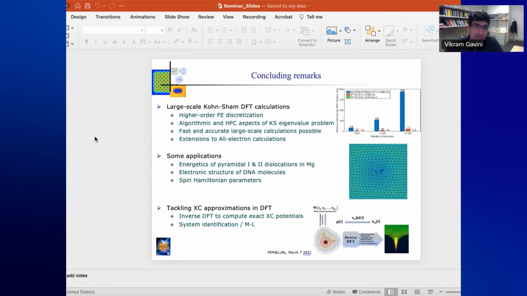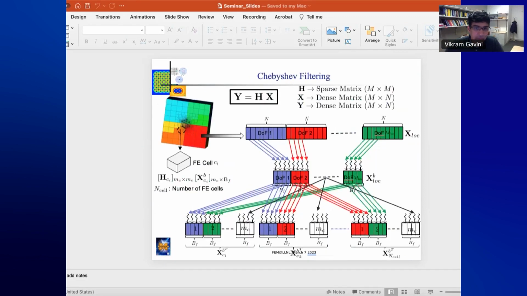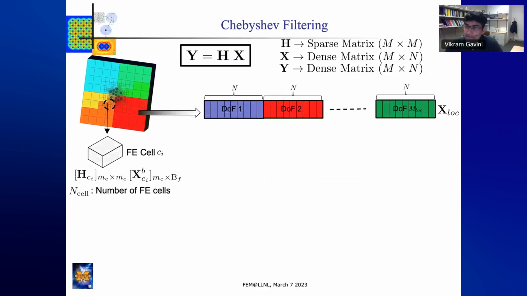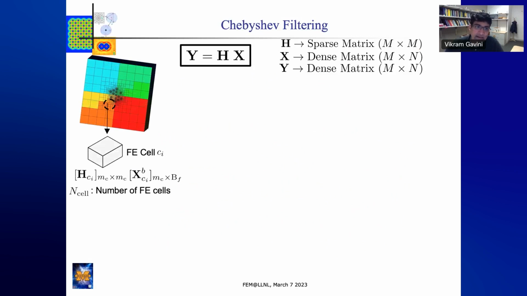So the finite element framework that we are using is based on deal.II. But when it comes to doing these batched GEMMs, the only thing we rely on deal.II for is essentially the boundary communicator maps. That's it.